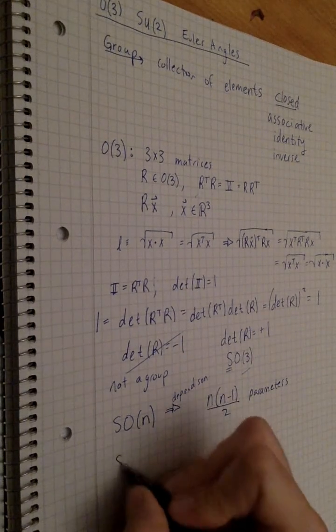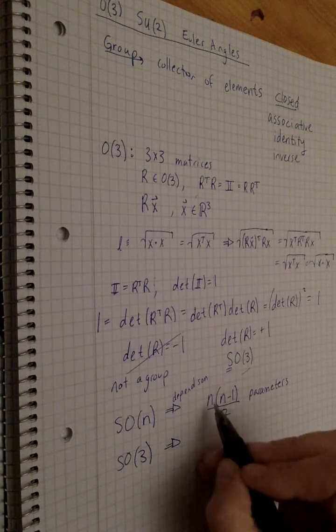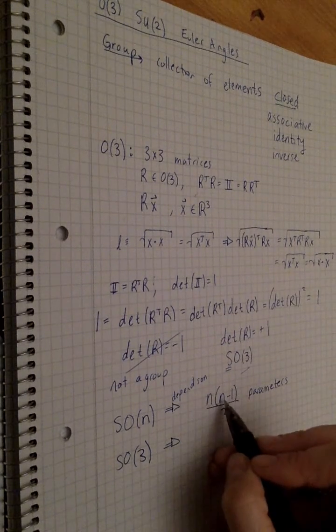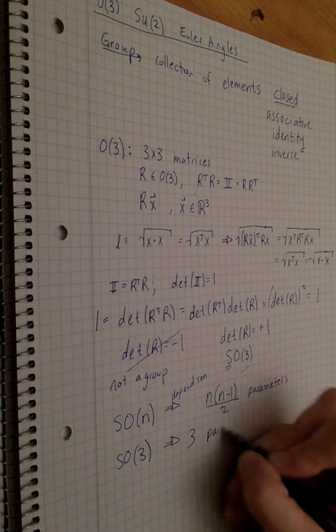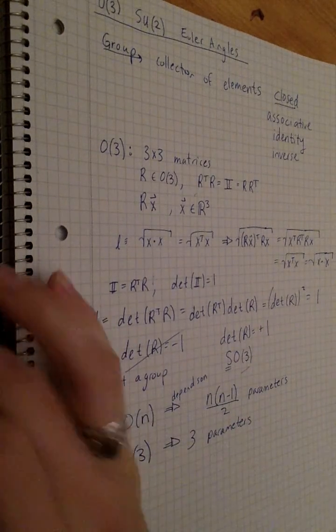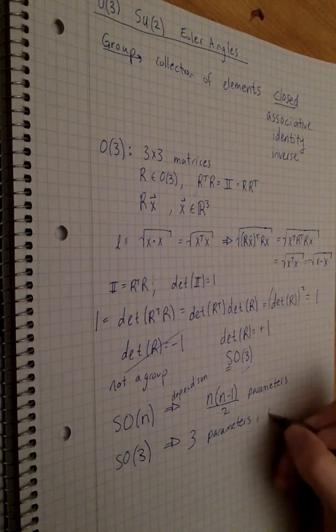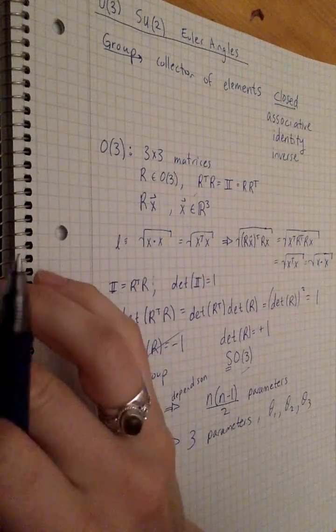So we know that SO3 depends on 3 times 2 over 2, which is 3 parameters. This is the rotation group, so we call these parameters theta 1, theta 2, and theta 3.